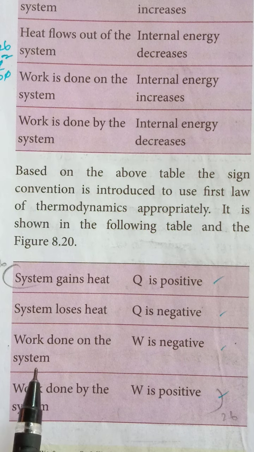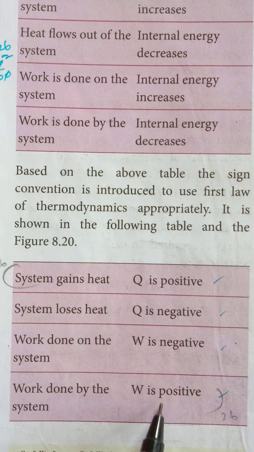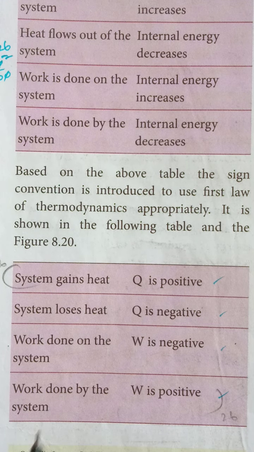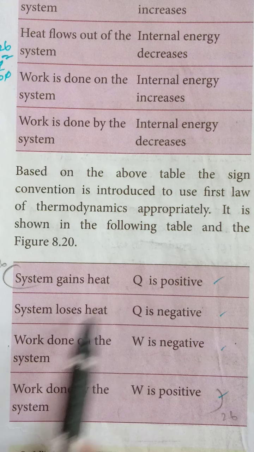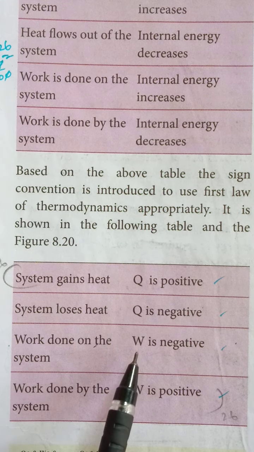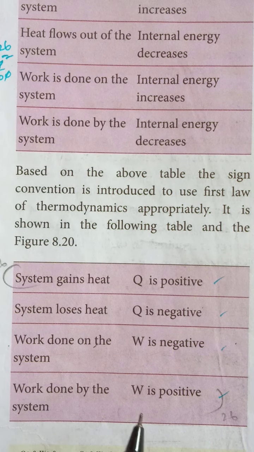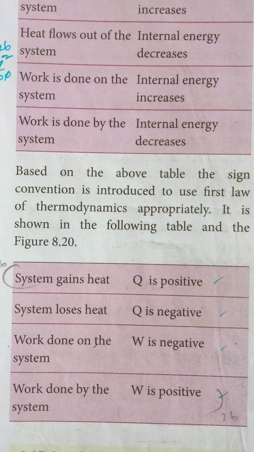Work done on the system, W is positive. Work done by the system, W is negative here. Clear? Gains heat, Q is positive. System loses heat, Q is negative. Work done on the system means W is negative. Work done by the system, W is positive.